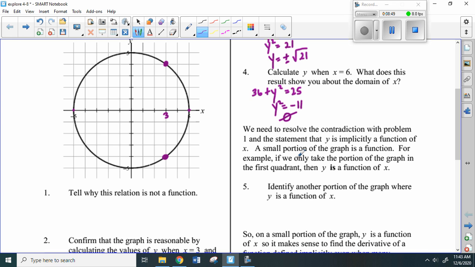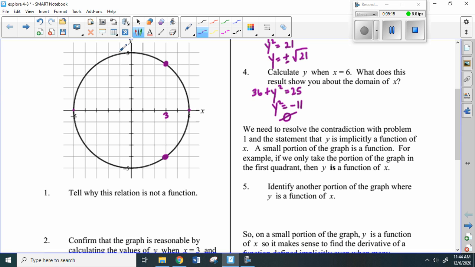So let's identify some other portions of the graph where y would be a function. Well, if we take any single quadrant, then we would be looking at a function. We could actually take the entire top half of the circle and it would still be a function, or the entire bottom half of the circle and it would be a function. Just understand that you can't take sides.